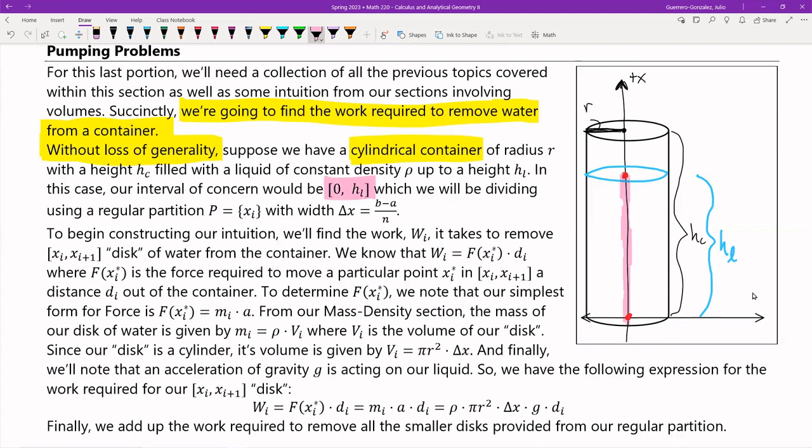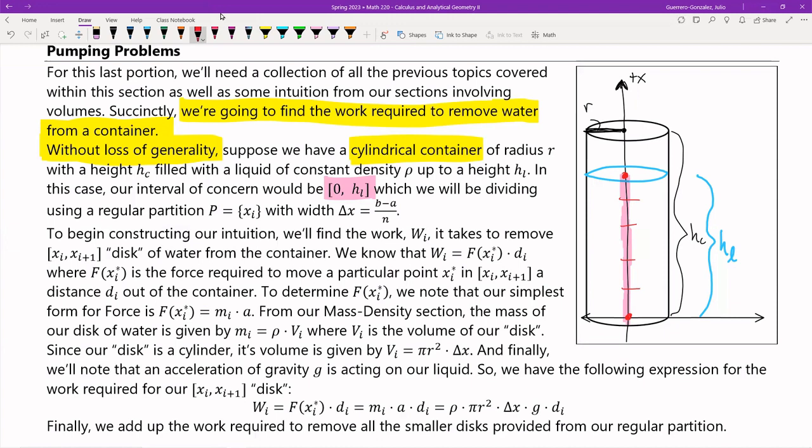We are going to grab that strip from 0 to HL and divide it into regular partitions xi with width delta x equaling b minus a divided by n. We chop this up just how we've done in previous sections.